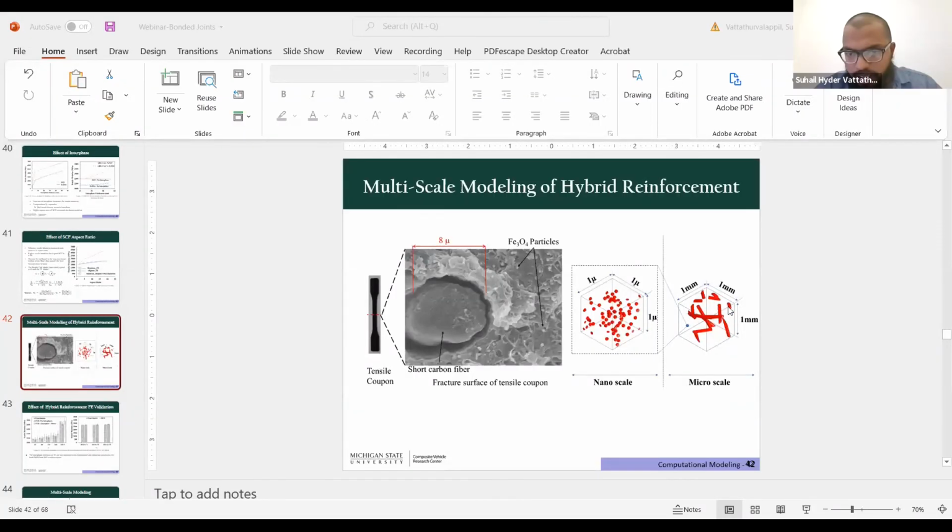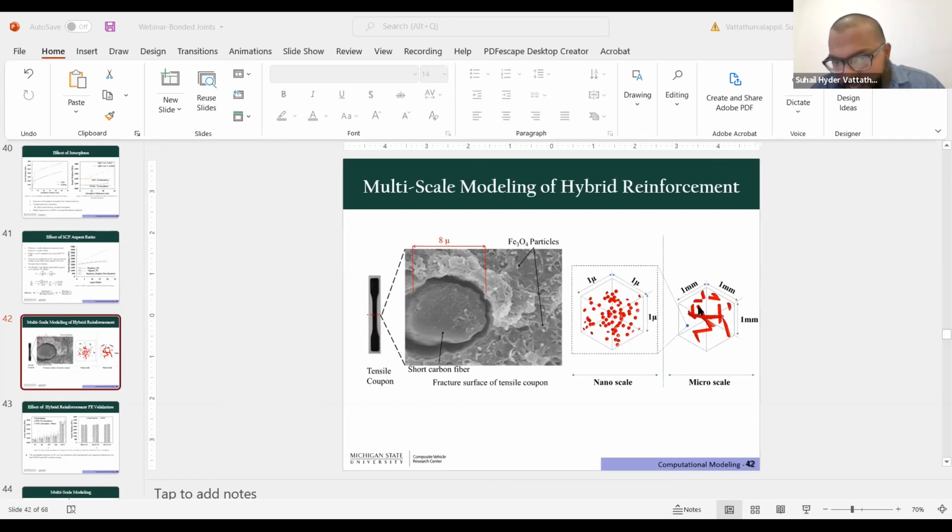Okay, let me share it. This one, right? Yes, 1 micron here and 1 millimeter here. The reason is that this software didn't allow me to have a full-fledged fiber.